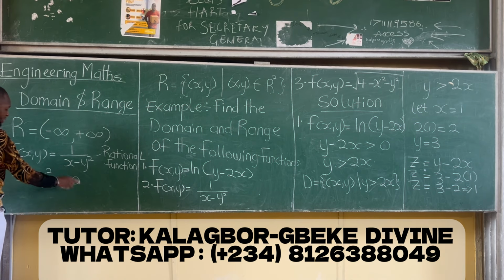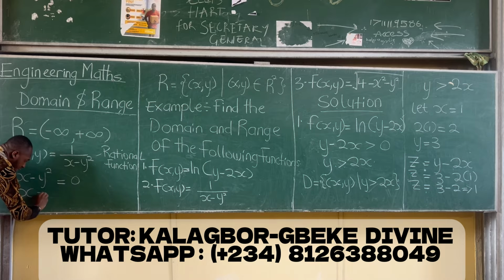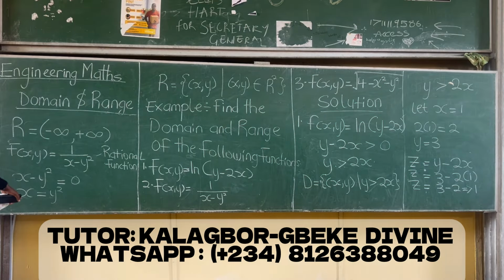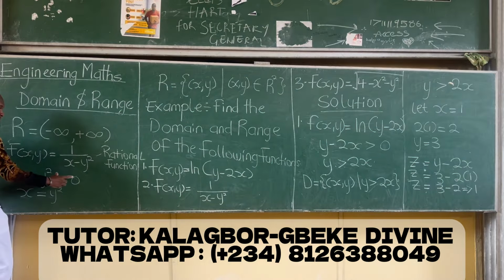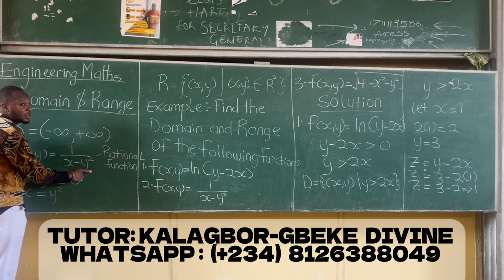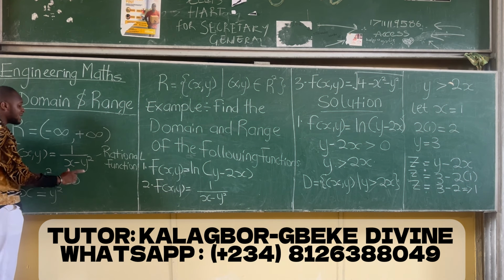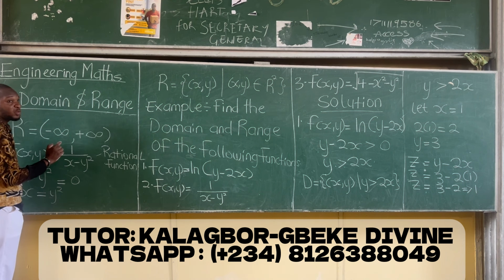If we transpose this, we have that x is equal to y squared. And if x is equal to y squared, then for any value we choose for x and any value we choose for y, we should make sure that it's not going to be 0.